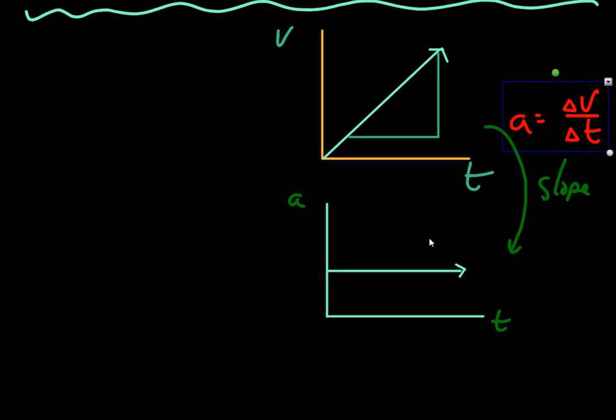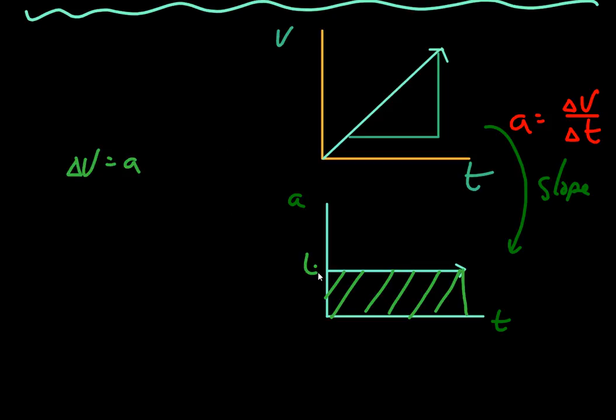That's the slope. And then what do you think happens if we go the other way? What do you think the area under this graph is going to generate for us? Well, we're going to take this formula. We're going to say then that delta V should be a, acceleration, times time.